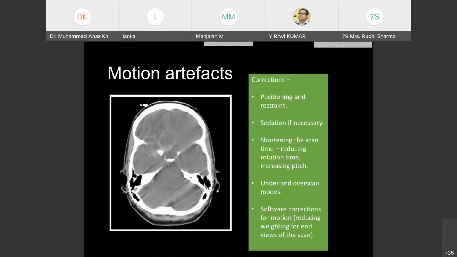One is positioning and restraint, like tying them with a belt, or sedation if necessary, or shortening the scan time, reducing rotation time, increasing pitch. Then you use underscan or overscan modes, and software corrections for motion, reducing the weight of the end views of the scan. Such strategies are also possible to improve the image.